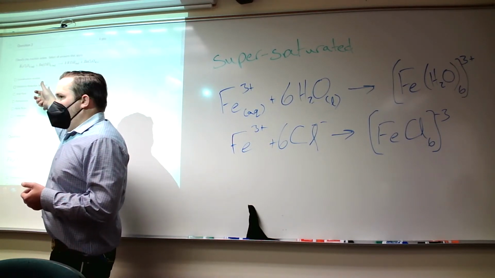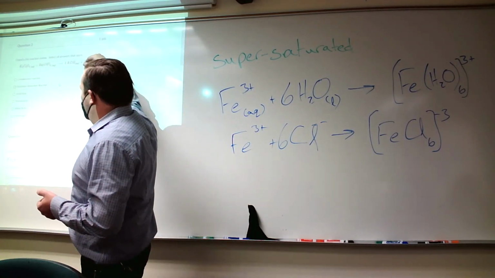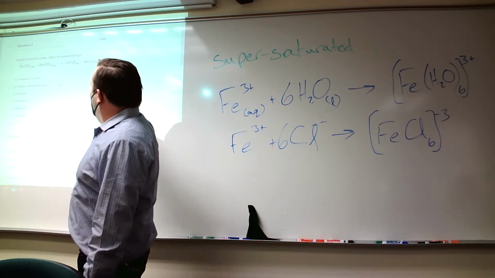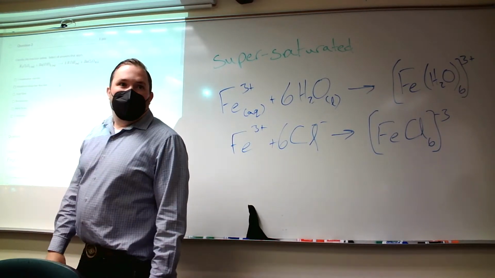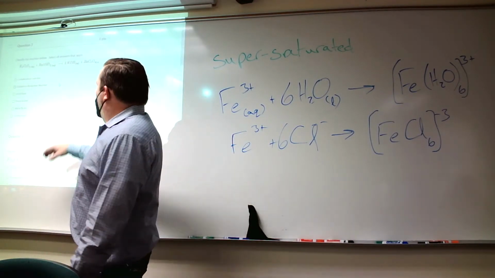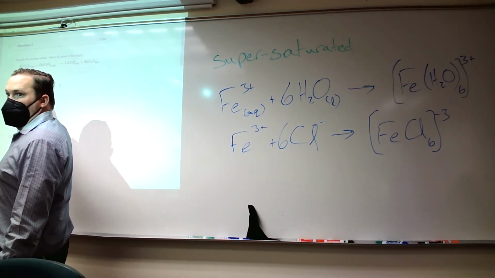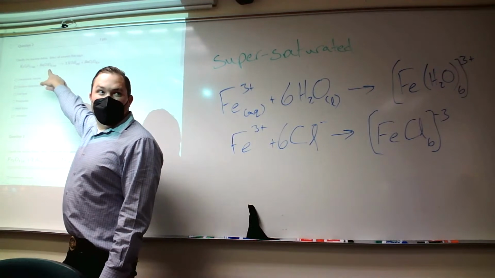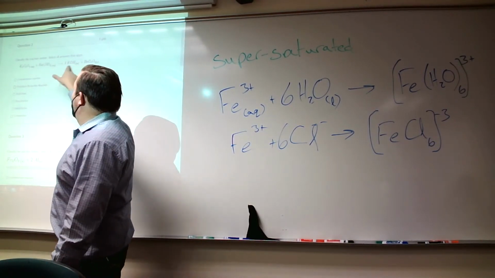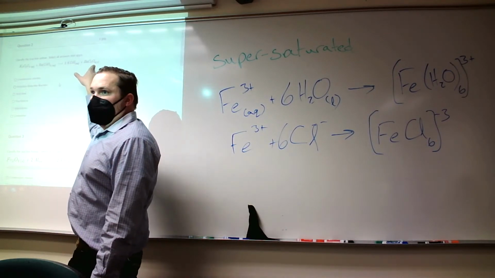Acid, base, and precipitation are going to be complexation. So for this one, precipitation is going to be anytime you've got all the same stuff on both sides, we just made a solid, or a solid ionic compound. So if you start by mixing together a solution of an ionic compound and another solution of an ionic compound, and you still have all of the same ions on this side, but you made a solid, that's precipitation.